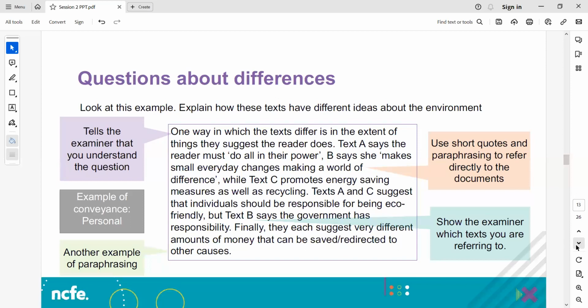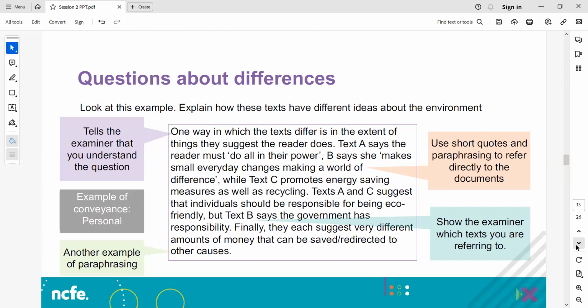So in this example, we've got quotes and we've got paraphrasing. So we've already identified the good start to the answer, telling the examiner you understand the question. And we've also got short quotes and paraphrasing to refer directly to the document.